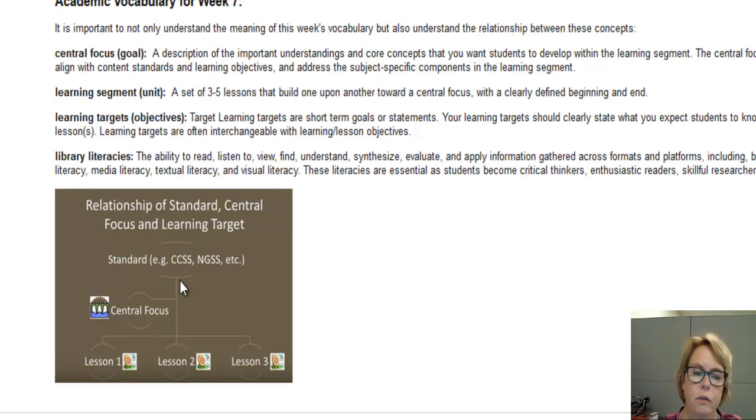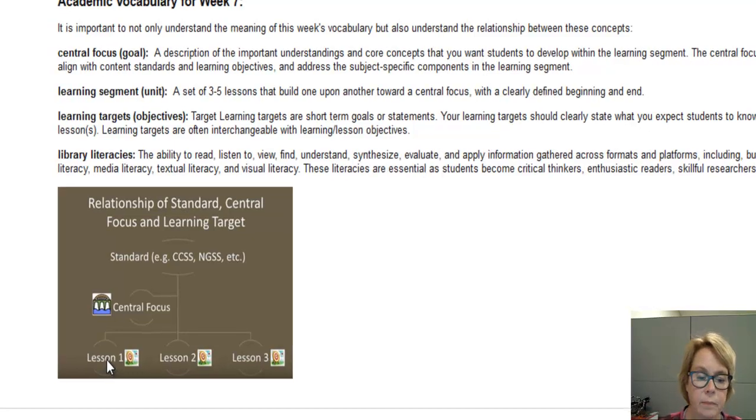You'll have a central focus, which is more or less the goal of that topic, and within the central focus you should have 3 to 5 lessons. We're going to focus on 3 for our particular assignment. So keep that in mind when you're choosing a topic. It should be large enough where you can implement 3 separate lessons.